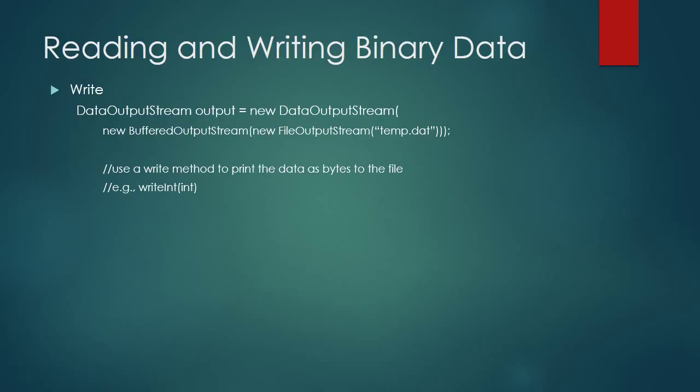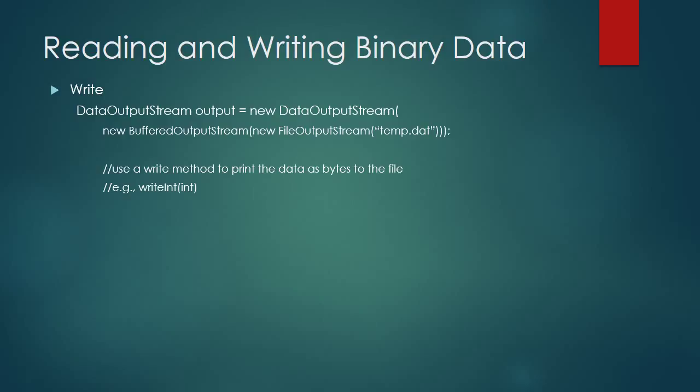So it'll be output.writeInt, and I can pass it an int. I can also write chars or bytes. There are a lot of different methods I can use to write, and if you're dealing with a DataOutputStream, I encourage you to look at the Java docs to find the best writing method for the particular data that you're trying to write to the file.